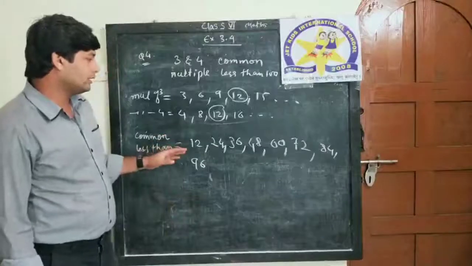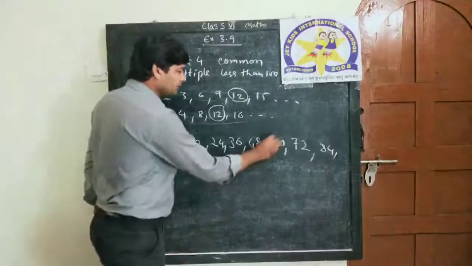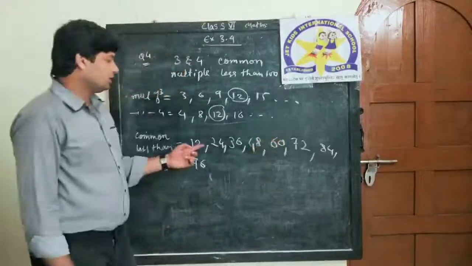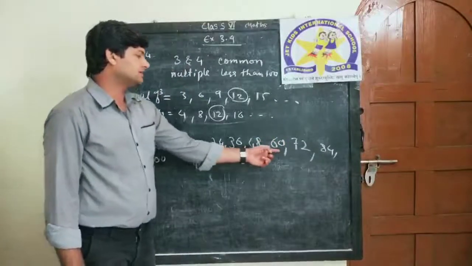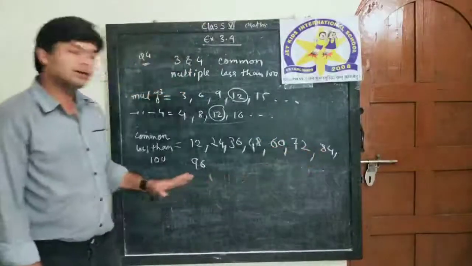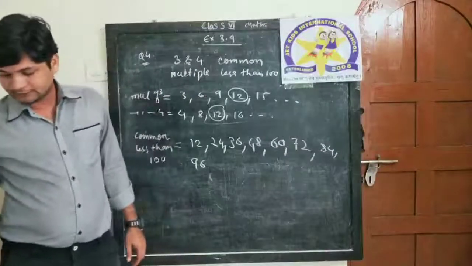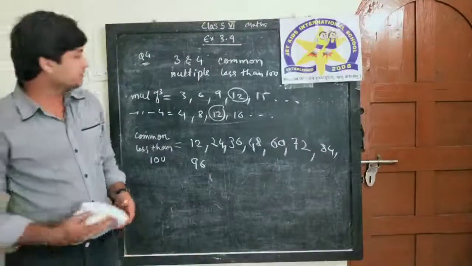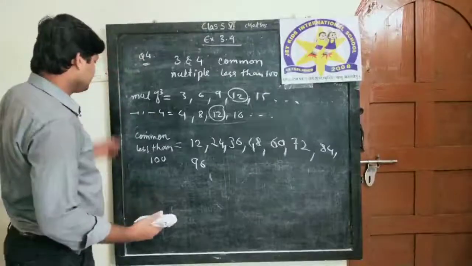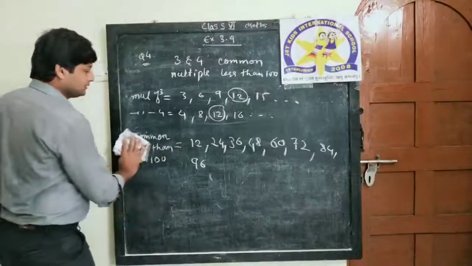So our common multiples less than 100 are 12, 24, 36, 48, 60, 72, 84 and 96. Clear? We are done with question number 4. I'm rubbing it out.